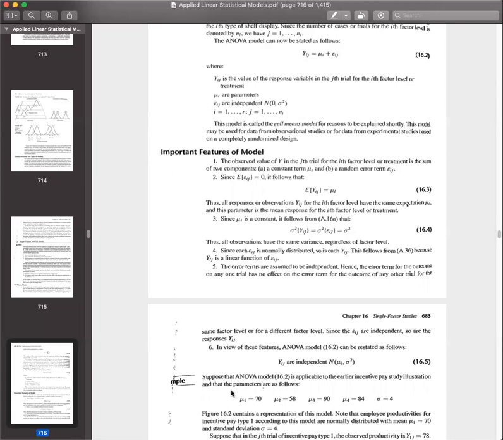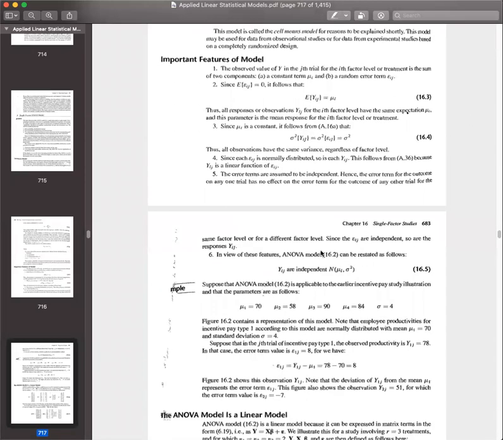Hence, the error term for the outcome on any one trial has no effect on the error term of the outcome of any other trial for the same factor level or for a different factor level. Since the error ij are independent, so are the responses yij. In view of these facts, the ANOVA model can be restated as follows. Yij are independent, normally distributed with mean mu sub i and variance sigma squared.